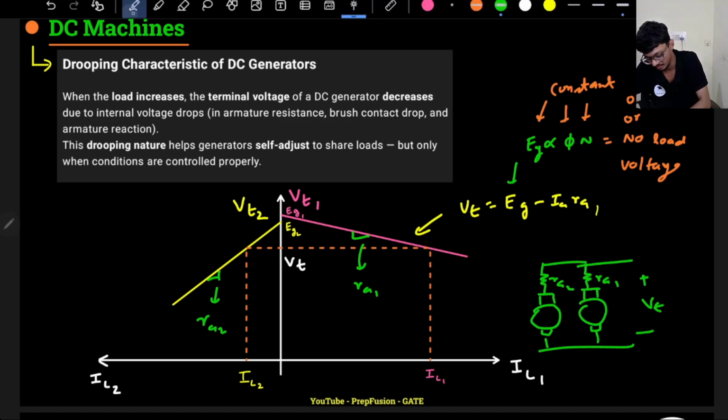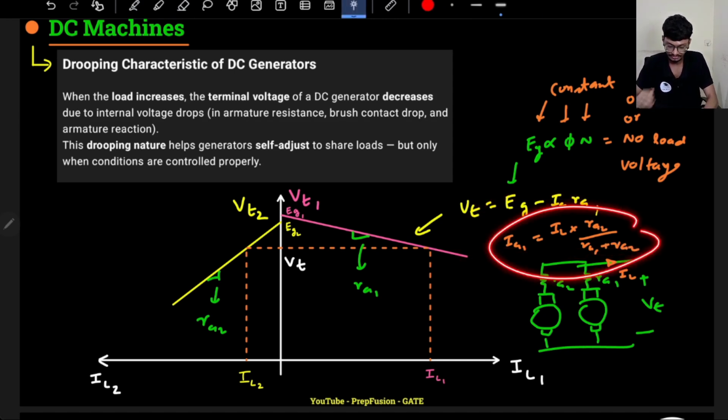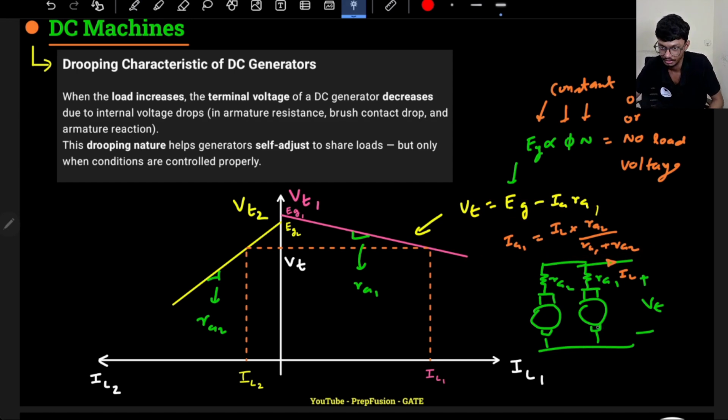If IL is the current flowing out, you can use the current division formula. Your Ia1 will be IL times the opposite resistance Ra2 divided by Ra1 plus Ra2. Current division rule. So that is the difference over here. I hope you understood this point.